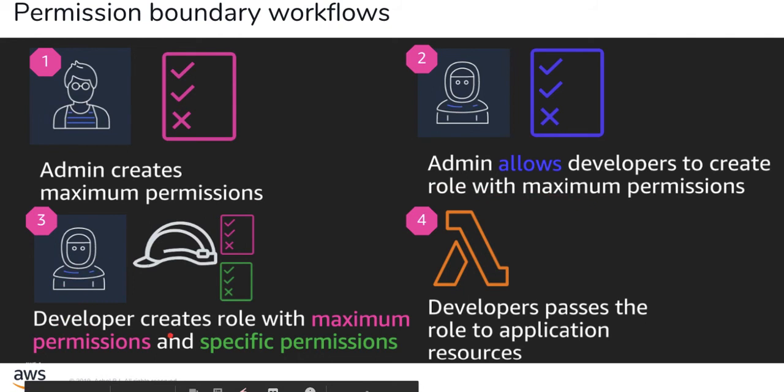Then the developer creates roles with the maximum permission and specific permissions. The developer passes the role to the application resources. So what it means is, the admin provides the developer certain permissions where he could create roles only for specific applications or resources.